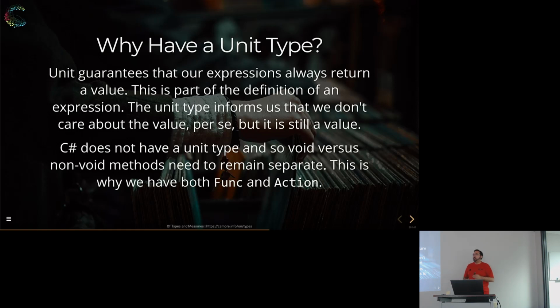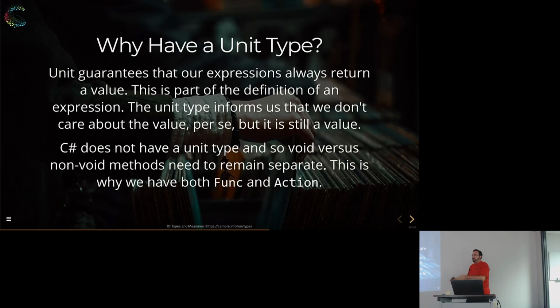I have a link to a Stack Overflow answer from Eric Lippert where he talks about some of the ramifications of this. And we'll also say that this is why we have actions and we have funcs in async in C#. And you cannot have a single method that doesn't care whether you give it an action or a func.